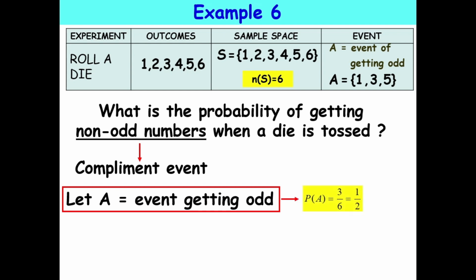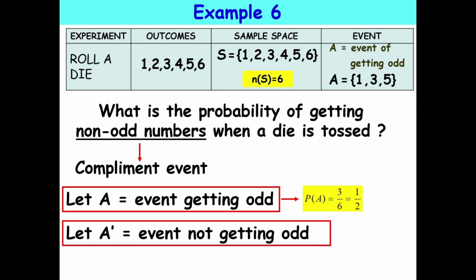Therefore, the probability of event A to happen is 3 over 6, which is 1 over 2. The 3 comes from these 3 elements. In order to get the probability of the complement event, we can use the formula 1 minus P of A. That is 1 minus 1 over 2, therefore P of A prime is 1 over 2.